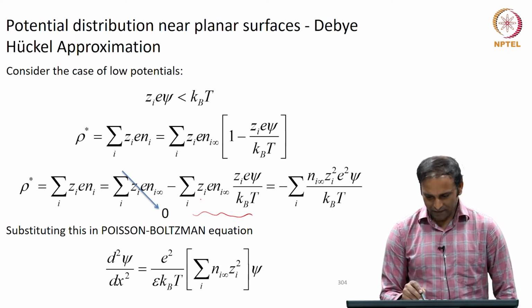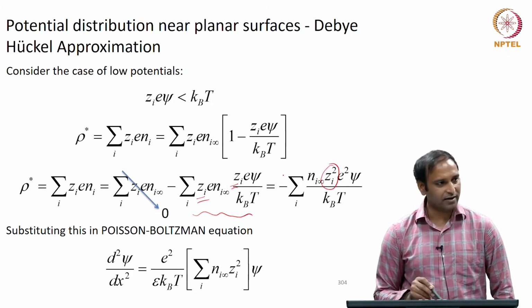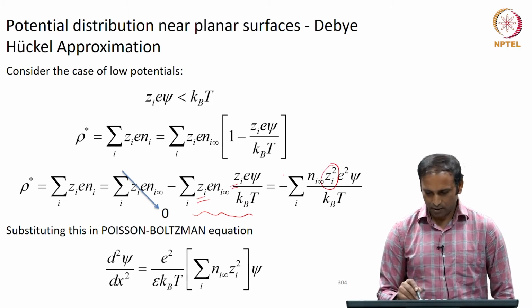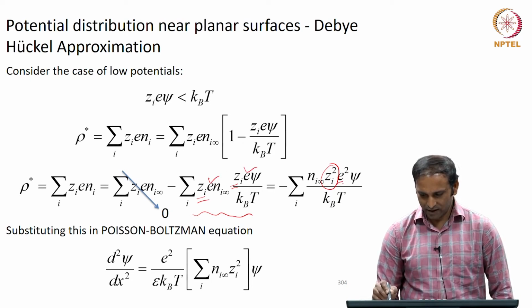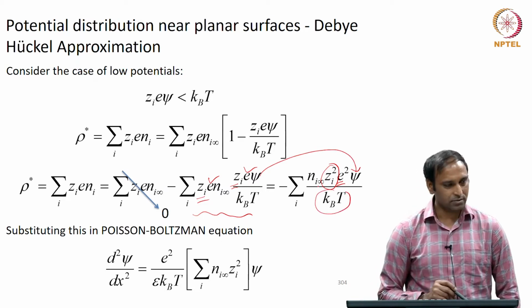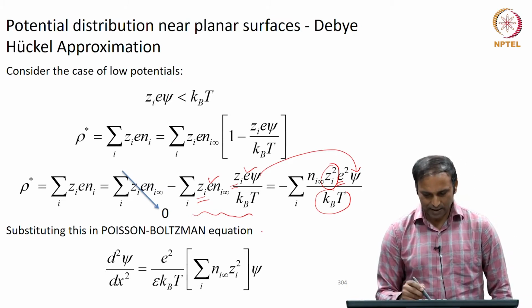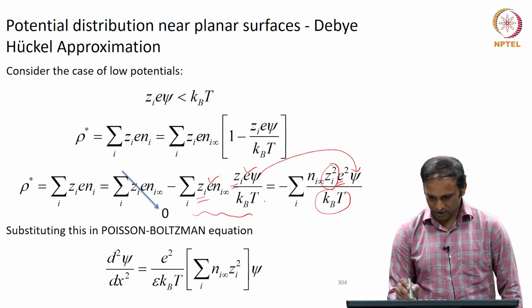Therefore I have Zi here and another Zi there, so a Zi square comes in, and you have E square, and there is psi, divided by kBT. There is a minus there.